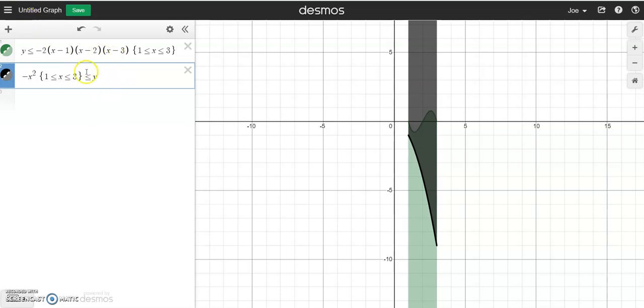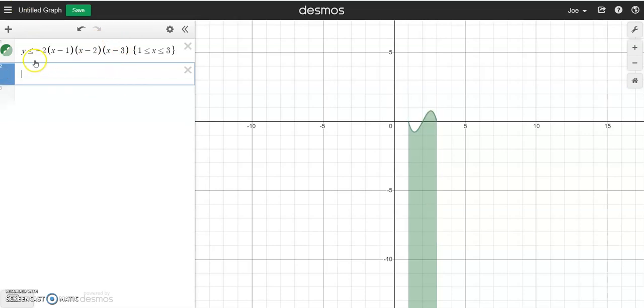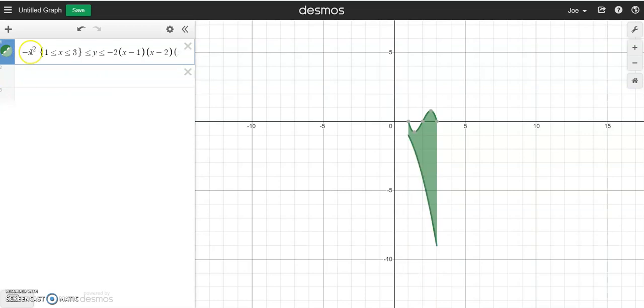And now we can combine our two functions as part of the same equation by copying this function and adding it onto this one. This is now saying that only the points are shown for when y is greater than our parabolic function, but y is less than our cubic function, so long as x lies between 1 and 3.